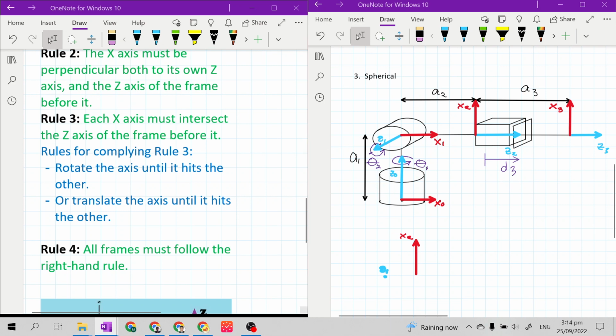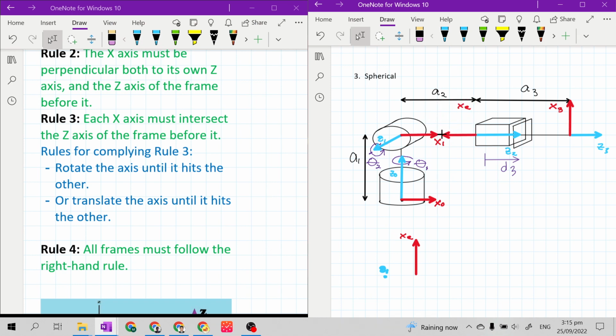So let's try to rotate the axis that has problems here. The problematic axis is x sub 2. We need to rotate it to intersect with z sub 1. So let's try to intersect it like this.